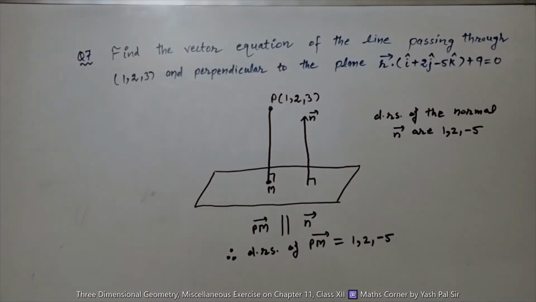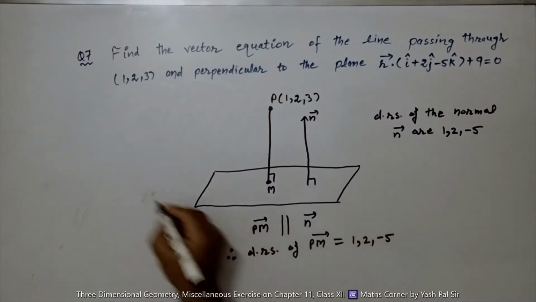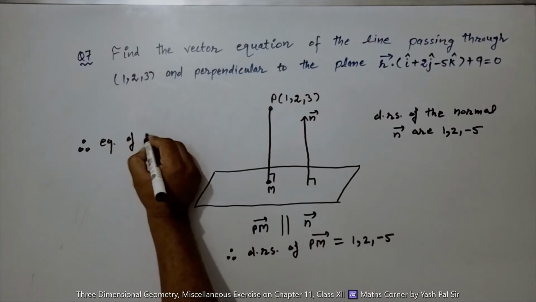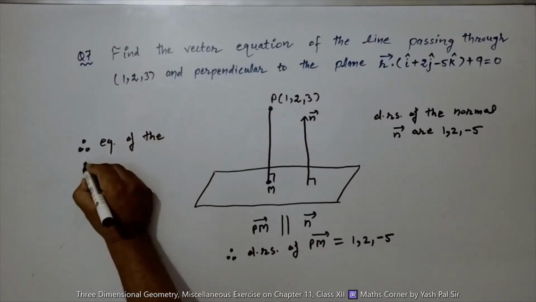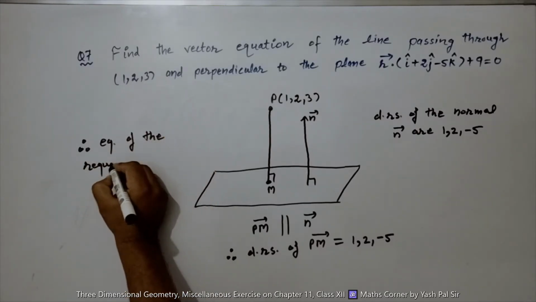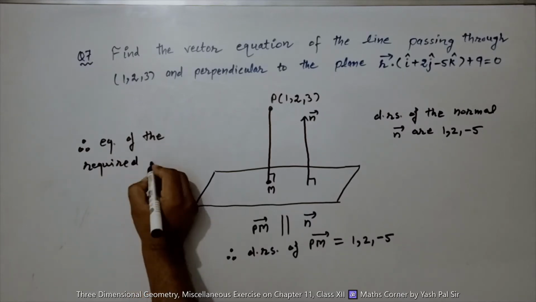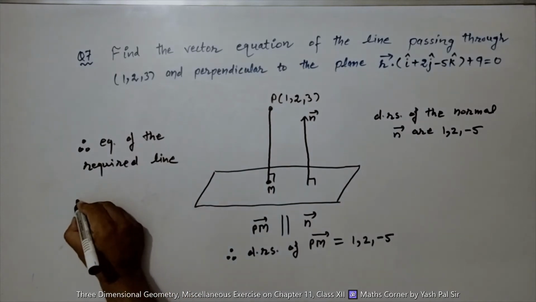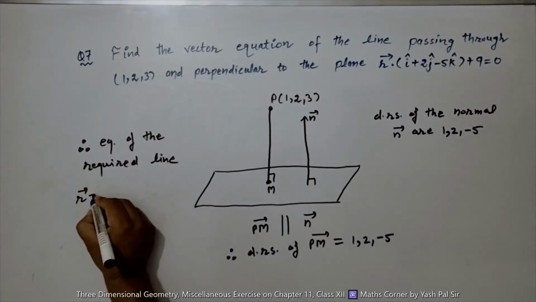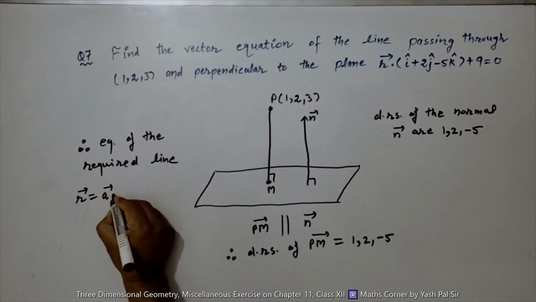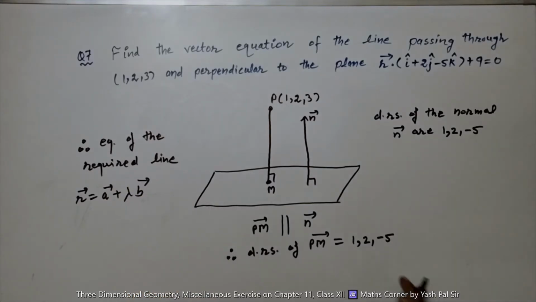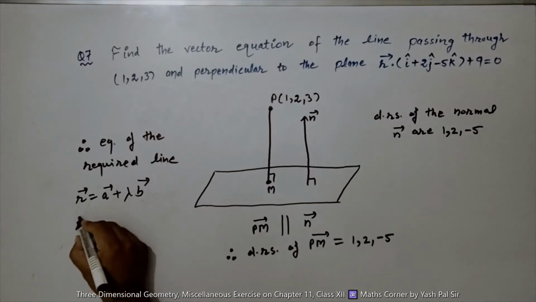Now we can find the equation of the required line. Therefore the equation of the required line in vector form, that is vector r is equal to vector a plus lambda vector b. What is vector b?